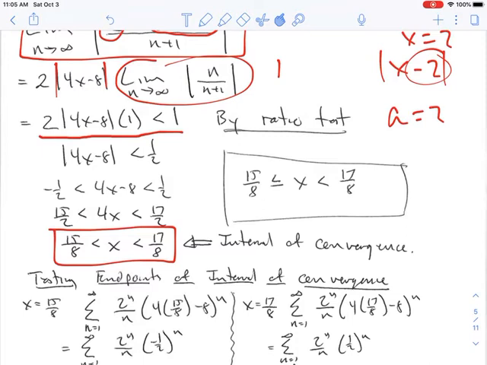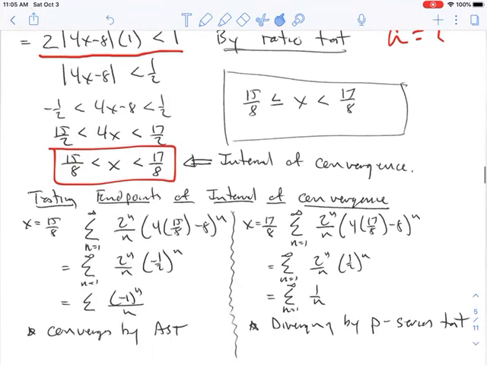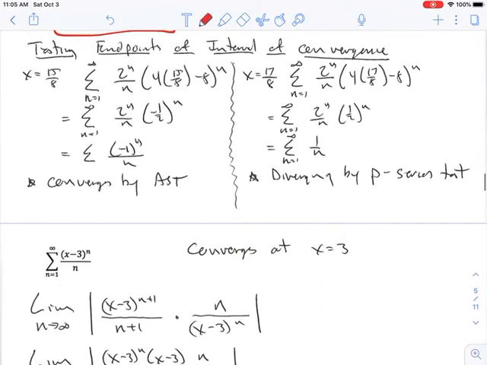All right, so now that we know what the interval of convergence is, we need to determine what is happening at the endpoints. So we have to test the endpoints in the original series. For the first one, 15/8, plug that in for x in our original series and evaluate it. We end up with 2 to the n divided by n times -1/2 to the n, which we can simplify to -1 to the n divided by n.